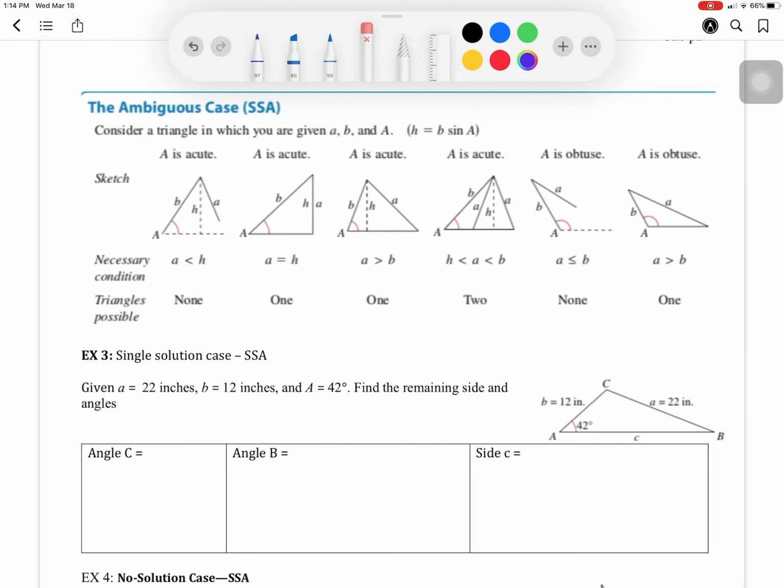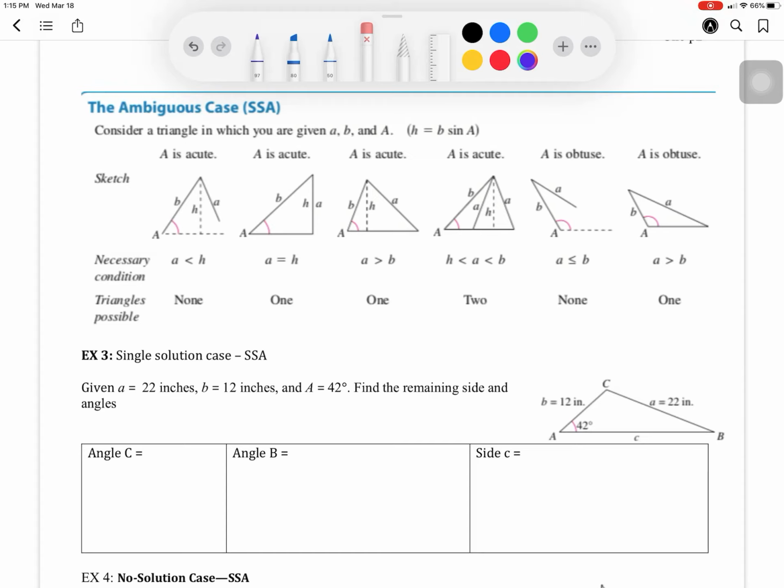All right. Okay, let's do example 3 here. They give us that side A is 22 inches, side B is 12 inches, angle A is 42 degrees. Find the remaining side and angles.